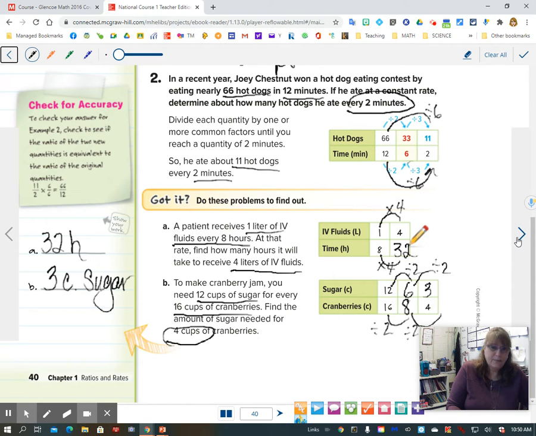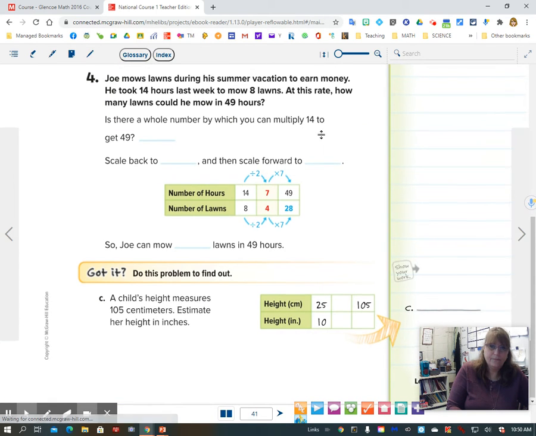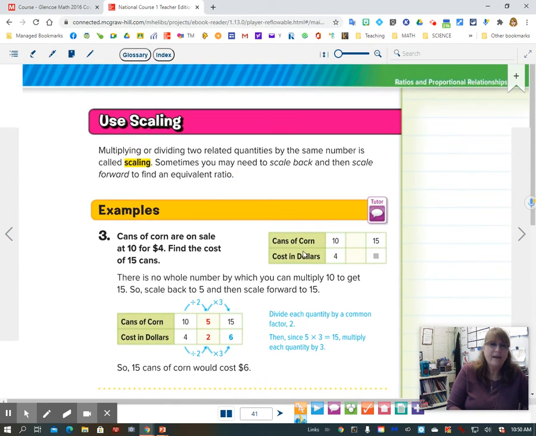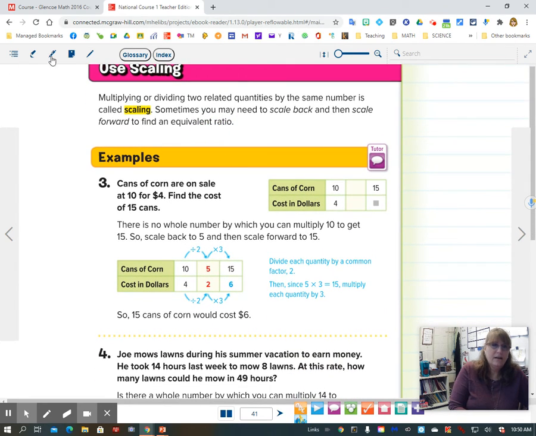Okay. The next page, page 41, we are talking about scaling. Scaling is where you want to make it smaller. So multiplying or dividing 2 related quantities by the same number is called scaling.